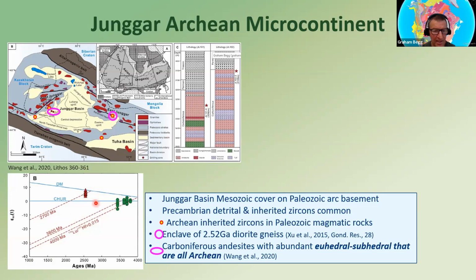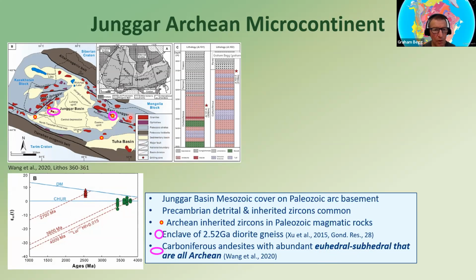So a late Archean and an early Archean population. Not only that, but quite a few of the zircons were euhedral to subhedral in shape. So again, this is extremely strong evidence of an Archean basement.